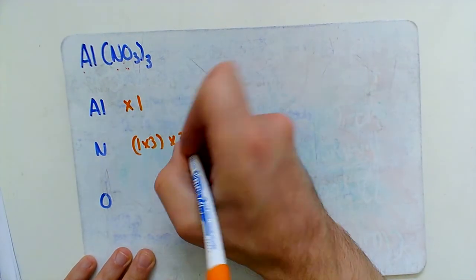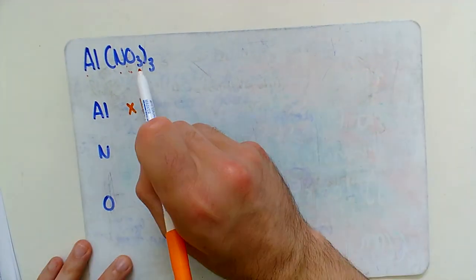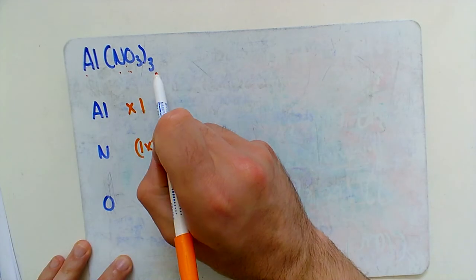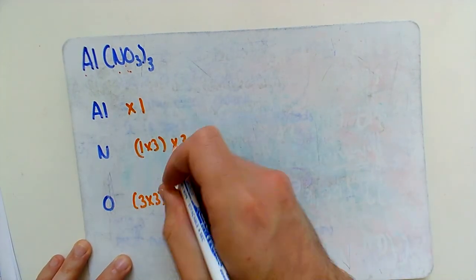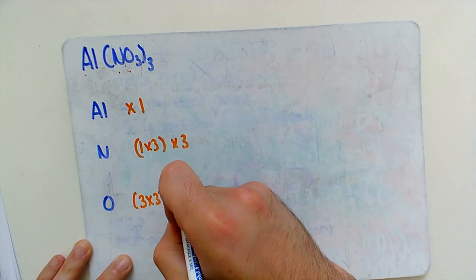So that's times 3. And then oxygen, we've got 3 here and 3 outside, so that is 3 times 3, which adds up to a total of times 9. We've got 9 oxygen, 3 nitrogen, and 1 aluminium.